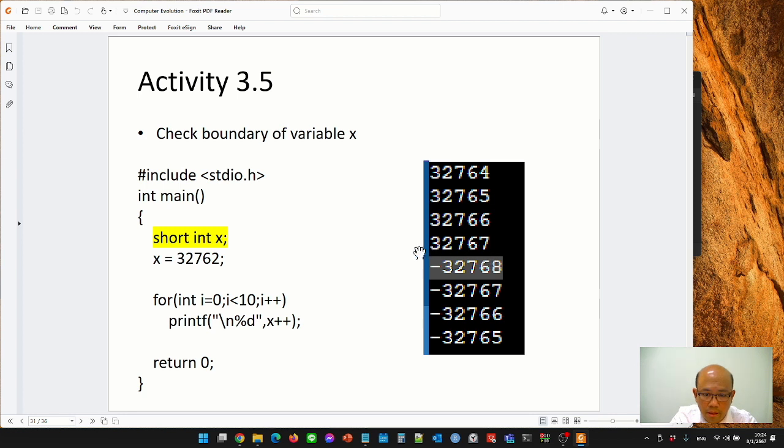It has a boundary: the number moves up until it hits the maximum boundary, 32767. This is the maximum boundary. Then it moves back to the lowest boundary. When it hits the top, it wraps back automatically to the bottom, when you hit the top of the boundary in the numbers.